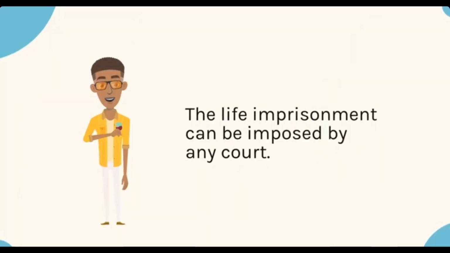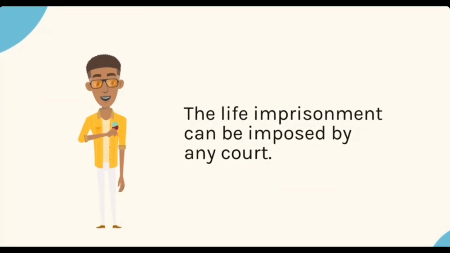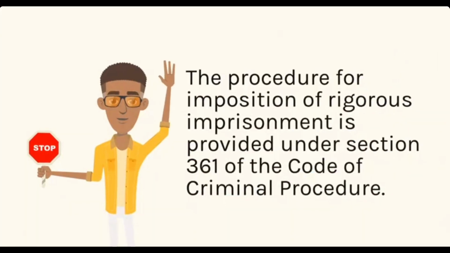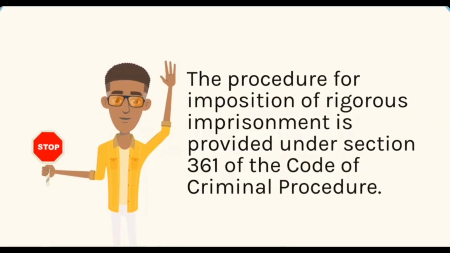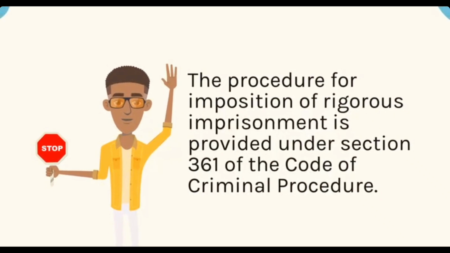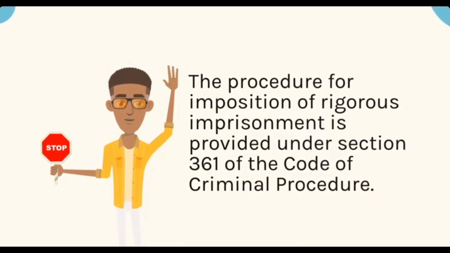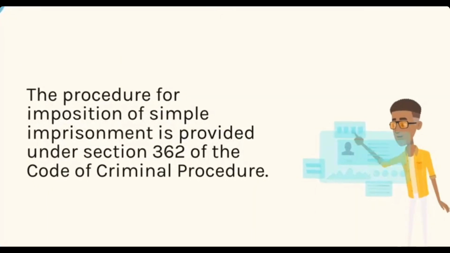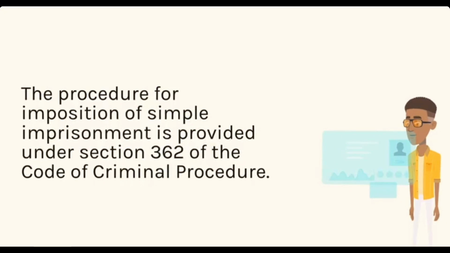The life imprisonment can be imposed by any court. The procedure for imposition of rigorous imprisonment is provided under Section 361 of the Code of Criminal Procedure. The procedure for imposition of simple imprisonment is provided under Section 362 of the Code of Criminal Procedure.